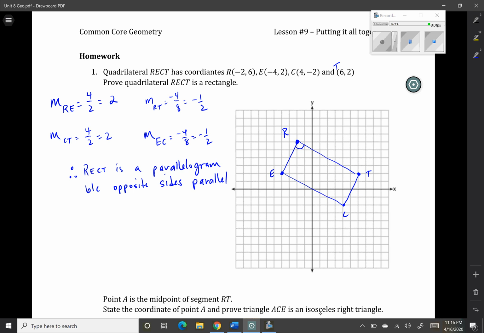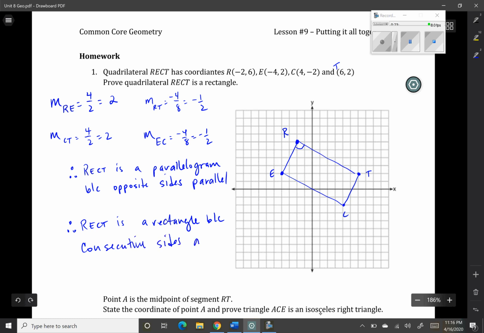It doesn't matter. The next part of this, I'm going to say RECT is a rectangle because consecutive sides are perpendicular. I know that they're perpendicular because their slopes are negative reciprocals.